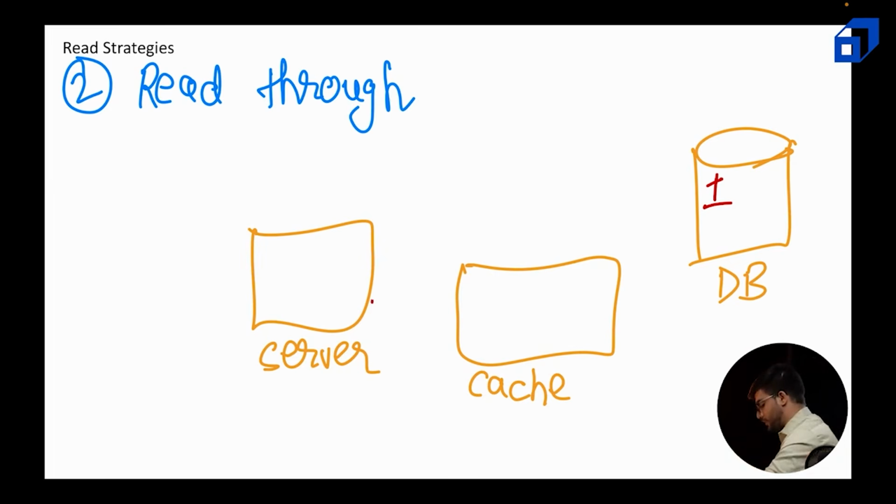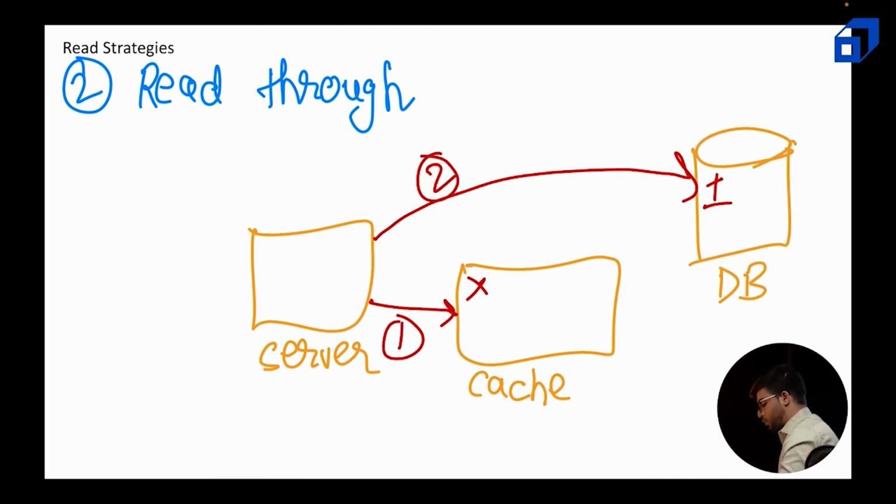So when the server hits the cache saying that I need 1 from you, the cache would say, I don't contain it, let me fetch it for you from the database. Instead of the server hitting the database, this won't happen. The hop from server to database is not going to happen.